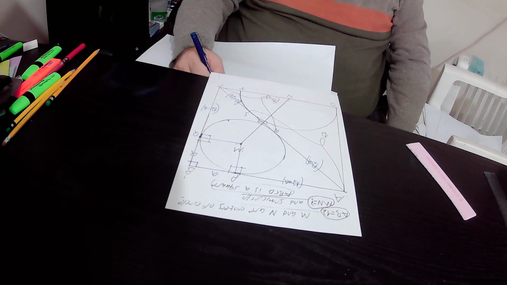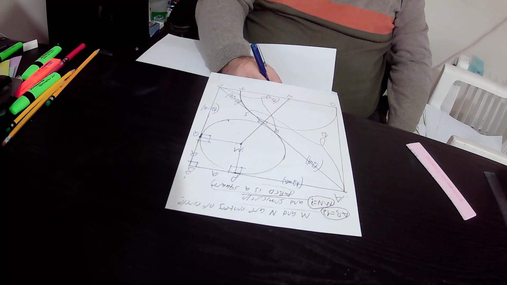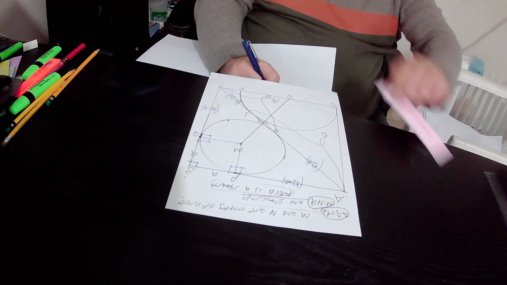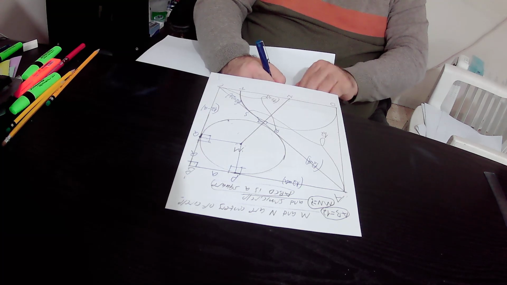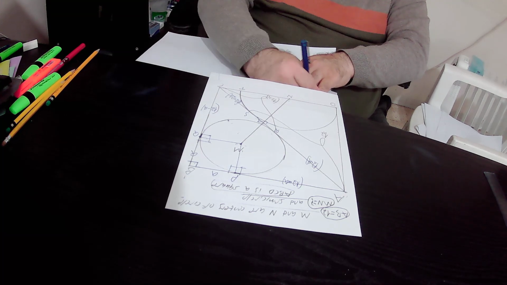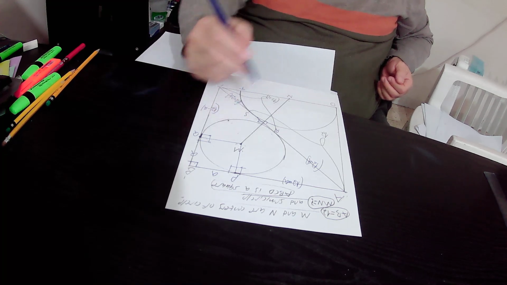So here, 270 degrees plus the size of the fourth angle, that is actually angle PMQ.